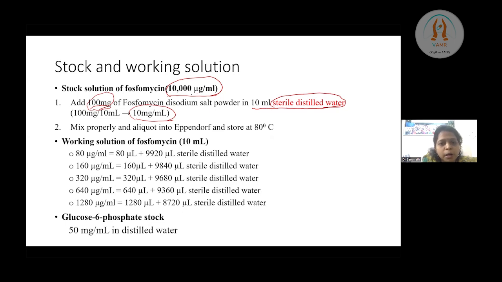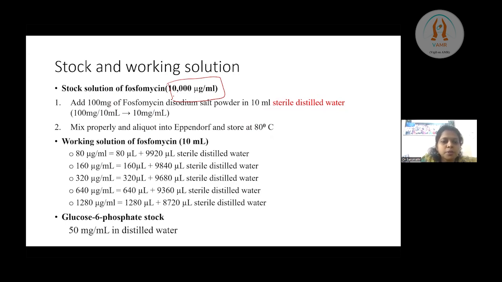This is the stock solution. This stock solution you have to store at minus 80 degrees Celsius. So you have prepared the stock solution of 10,000 microgram per ml.